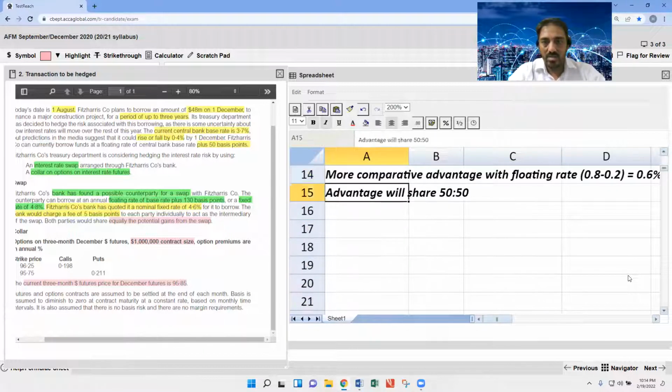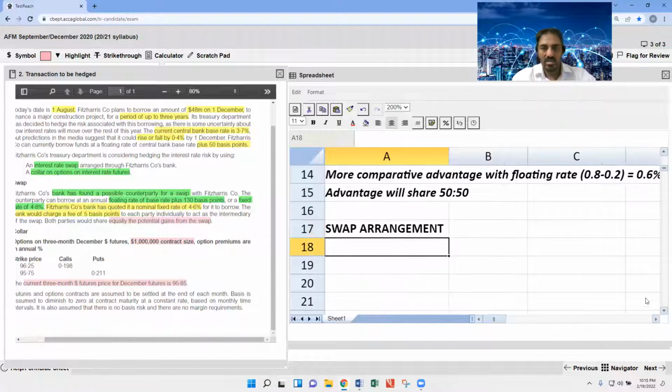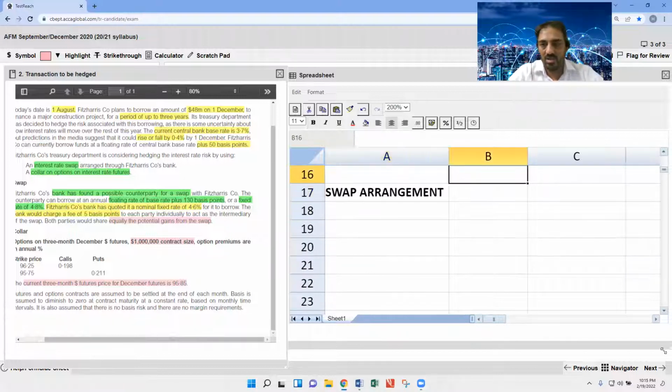Okay, now the swap arrangement. Yes, come on. One by one. The very first thing, the swap arrangement, Fitz Harris, counterparty.